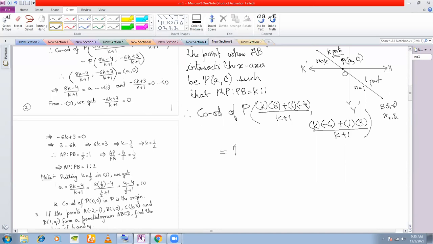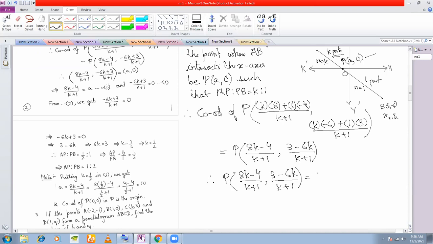Simplify this. Coordinates of P you are getting as (8k minus 4) divided by (k plus 1). And here you are getting (3 minus 6k) divided by (k plus 1). But what are the coordinates of P we have taken? (a, 0). So therefore, P ((8k minus 4) by (k plus 1), (3 minus 6k) by (k plus 1)) is equal to P (a, 0).